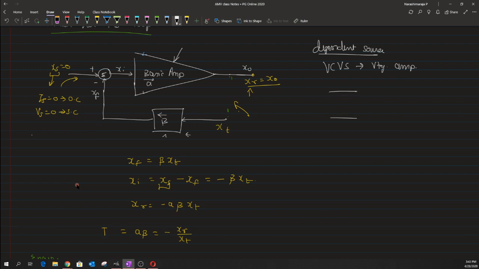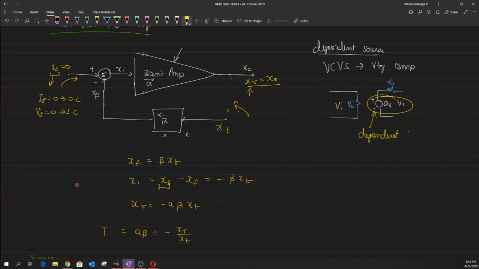Say for example, it takes in an input voltage of Vi and converts it into a gain times Vi, and even if the circuit has some non-idealities like Ri and some output impedance like R naught, we still have this dependent source, which in this case is this particular guy. Okay, so this is known as the dependent source of the basic amplifier.